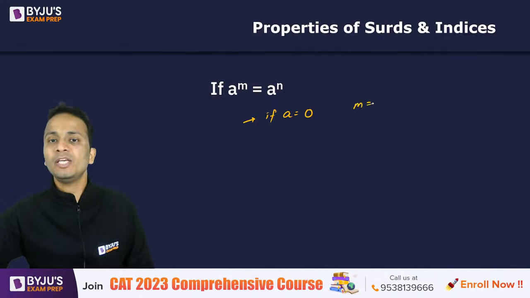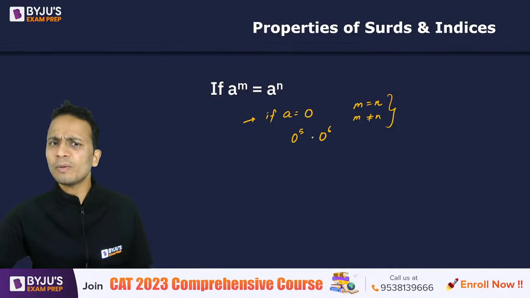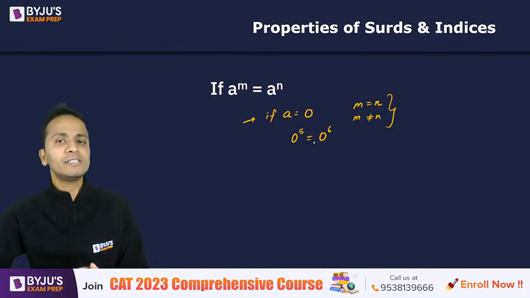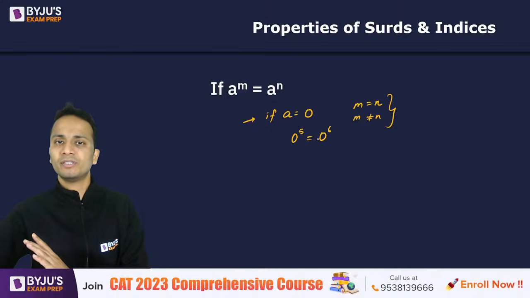M may be equal to N, M may not be equal to N. Both the cases may arise. So if I write 0 raised to the power 5 and 0 raised to the power 6, let's say, are they equal? Yes, they both are equal. So if A is 0, M and N not necessarily needs to be equal. They may be different numbers.